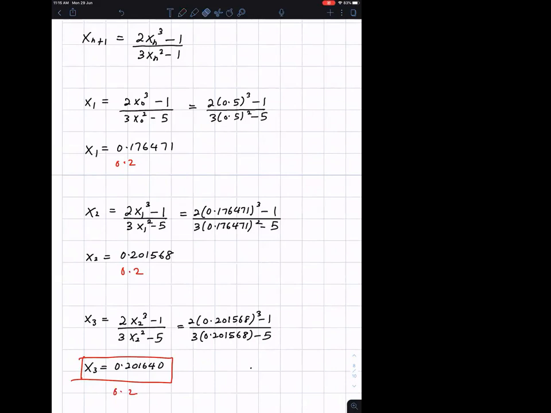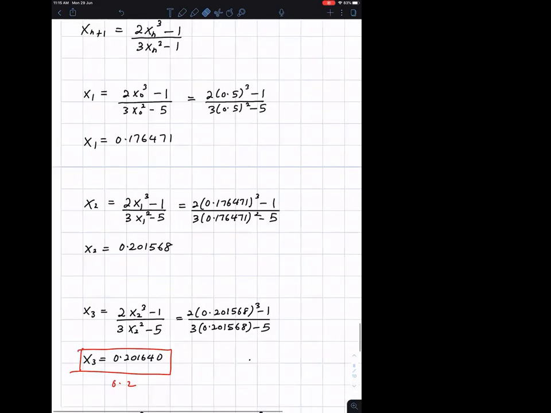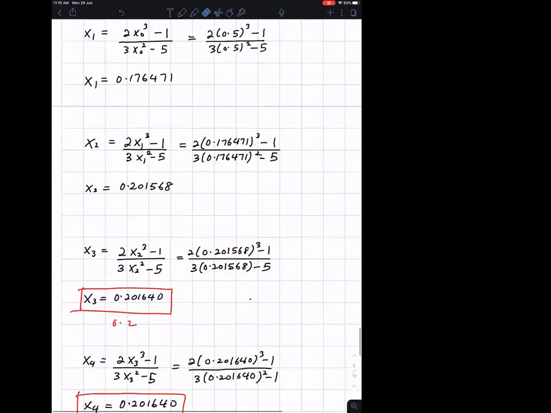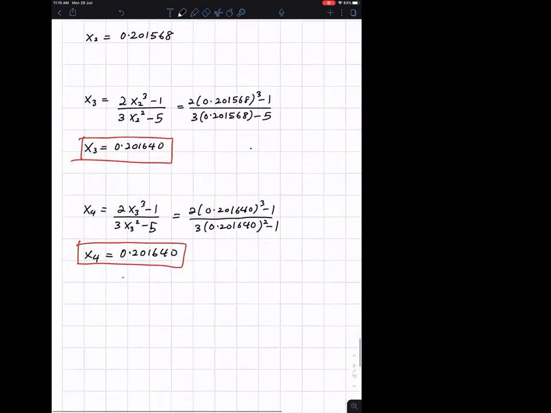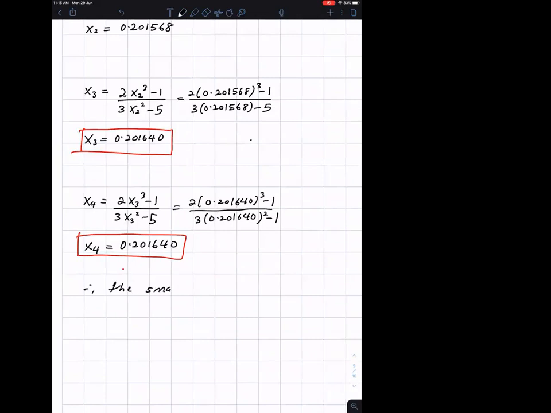So that would have been a wrong conclusion. You will end up with a very crude approximation. Therefore, the smallest root correct to 6 decimal places.